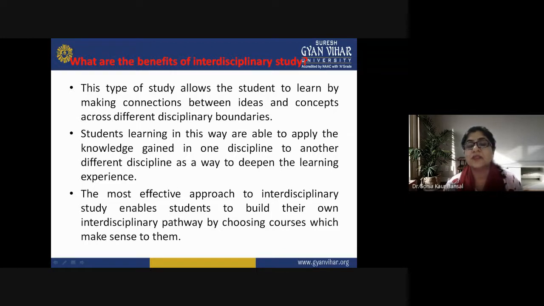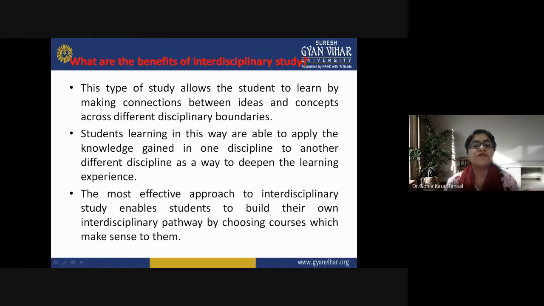When the student is understanding more and more ideas, not only in one discipline but in two or more disciplines, then definitely he is increasing his connections more and more, and is developing his ideas and concepts across different disciplinary boundaries. So it is not just limited to that only. Students learning in this way are able to apply the knowledge gained in one discipline to another different discipline as a way to deepen the learning experience.